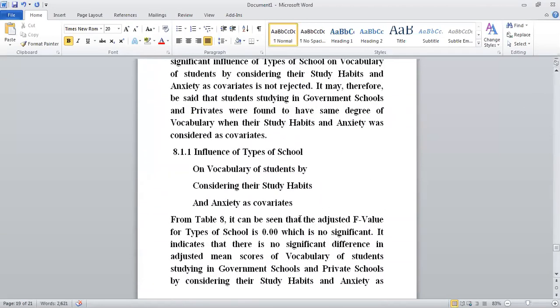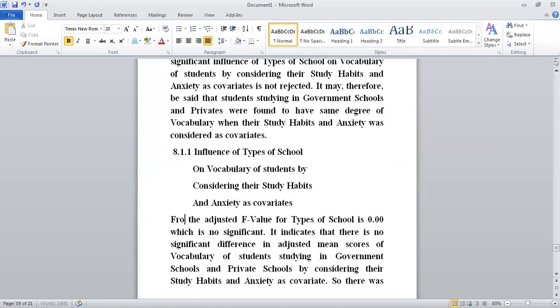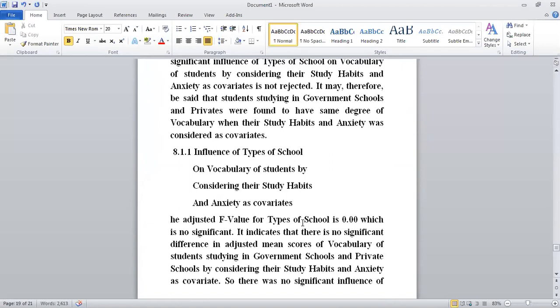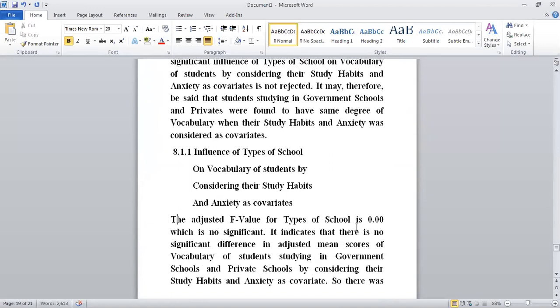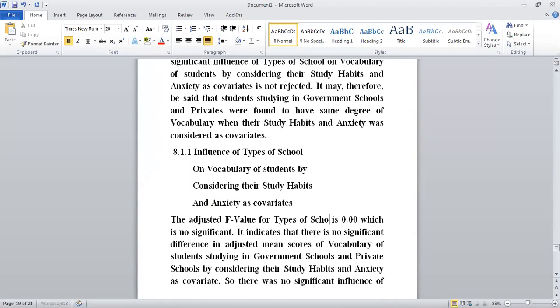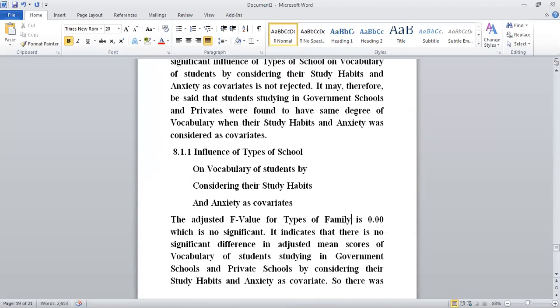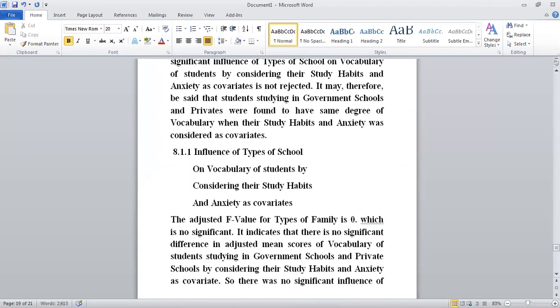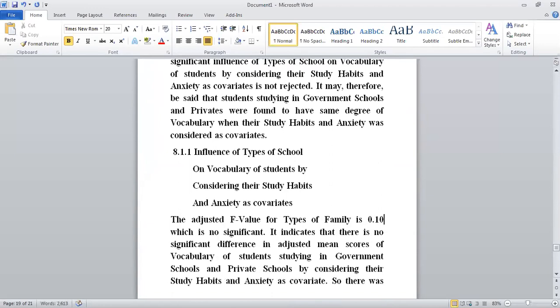Now I'll say the adjusted F value for types of family. The adjusted F value for types of family is 0.10, which is not significant.